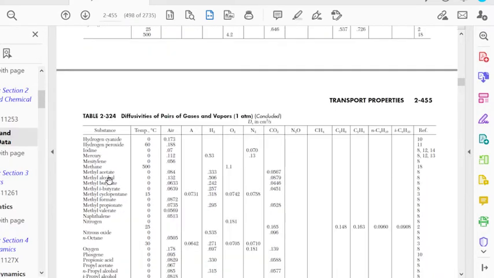So methyl alcohol or methanol at 0 degrees Celsius when diffusing in air has a mass diffusivity of 0.132 square centimeter per second. But take note that this measurement was done at 0 degrees Celsius and at 1 atmosphere. Our actual temperature is 25 degrees Celsius and our pressure is 1 atmosphere, so we would need to adjust our value of diffusivity in terms of temperature.